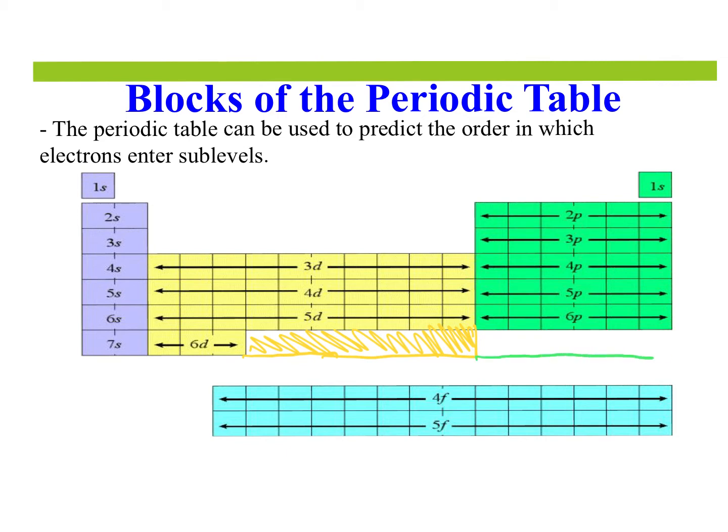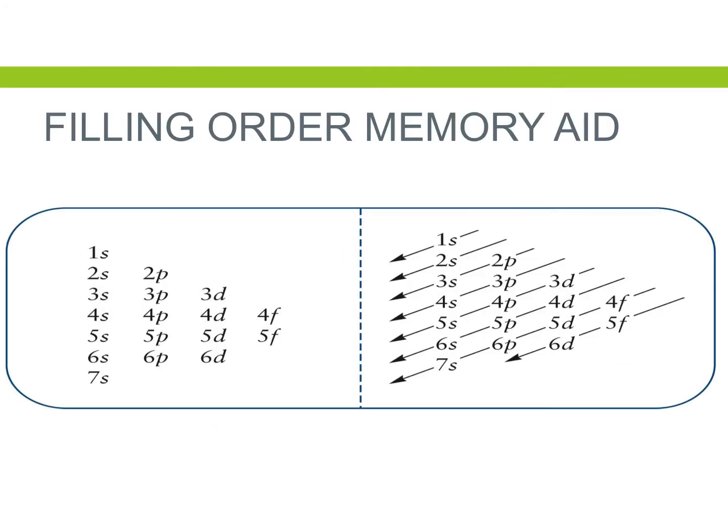Same as the D block, your periodic table has this entire 7th row, so this will all be shaded the same color. And then you'll label these 2P, 3P, 4P, 5P, 6P, and 7P. And then finally the bottom 2 rows, we call this the F block, and it's 4F and 5F. So you need to basically copy this on your blank periodic table. Have the colors, and make sure you label the rows.